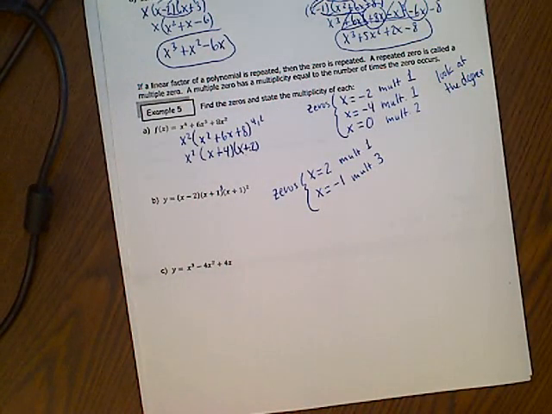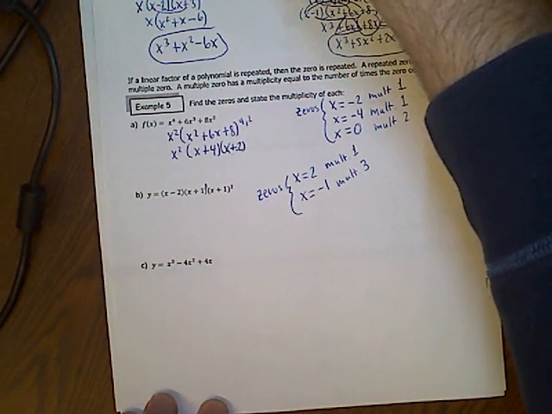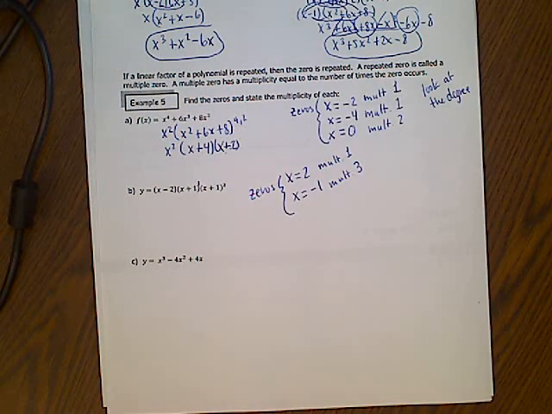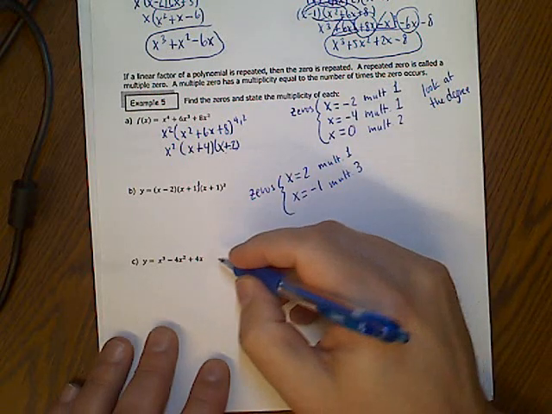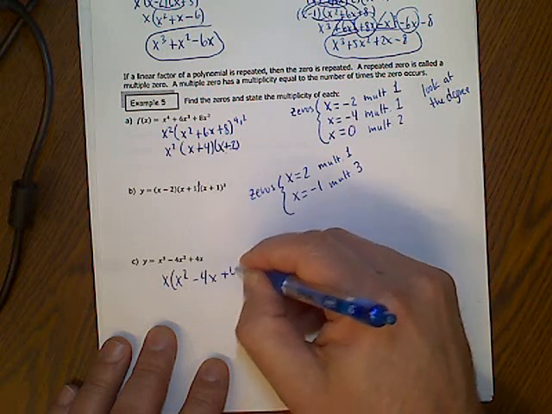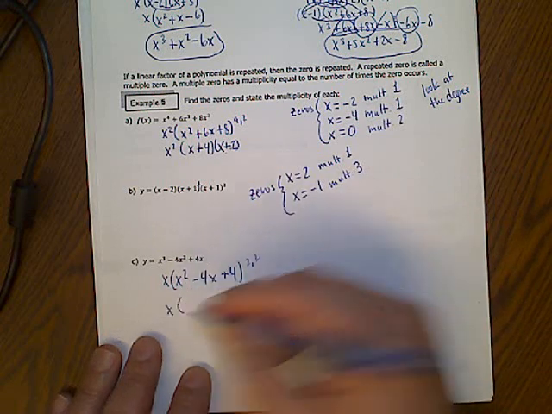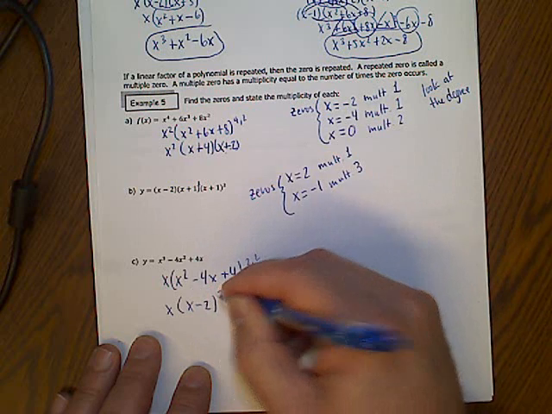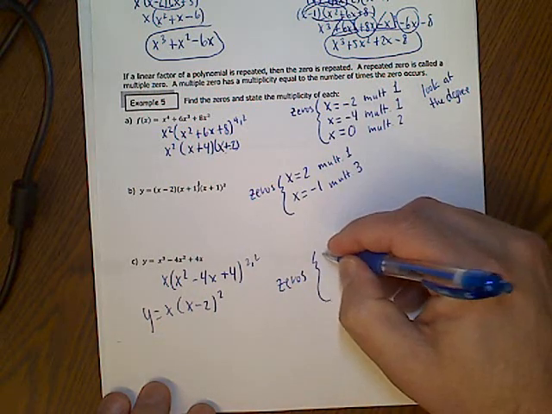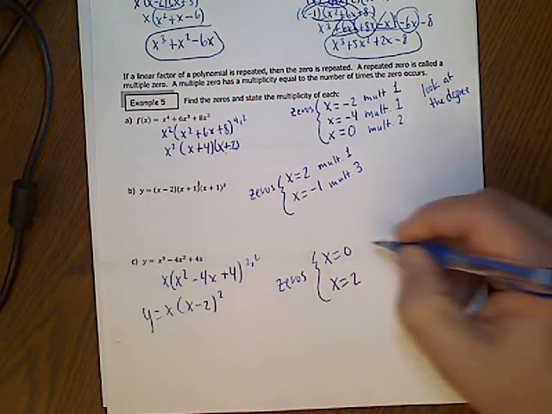All right, back to the last one and then figure out what its zeros and multiplicities are. Multiplicity of 0.